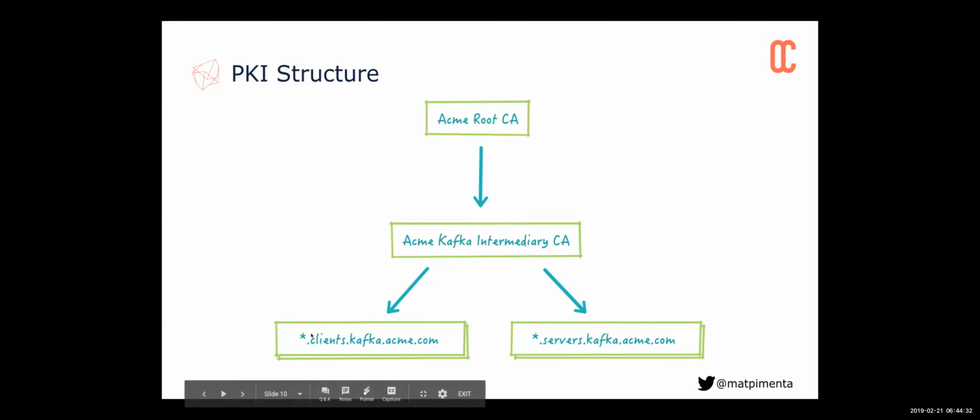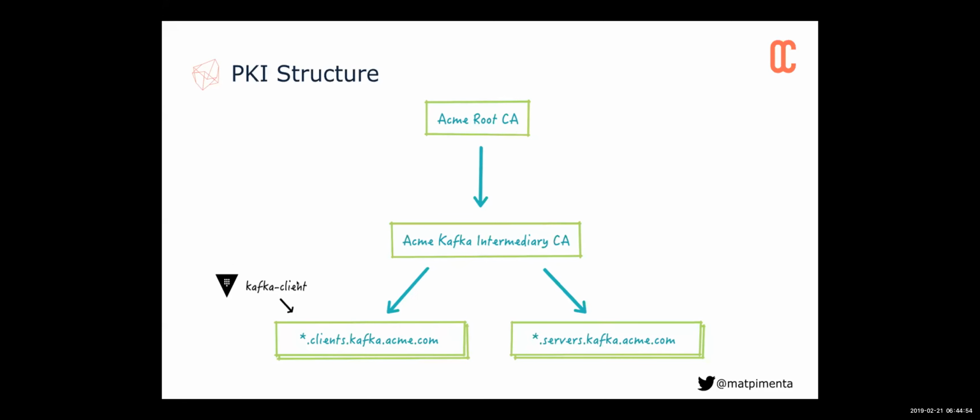A client will have a certificate of the star clients type, and it will use that kind of certificate to connect to the server. To limit what they can do, I use roles, as I mentioned before. So we have a role called Kafka clients configured in Vault, and a role called Kafka server on the other side.